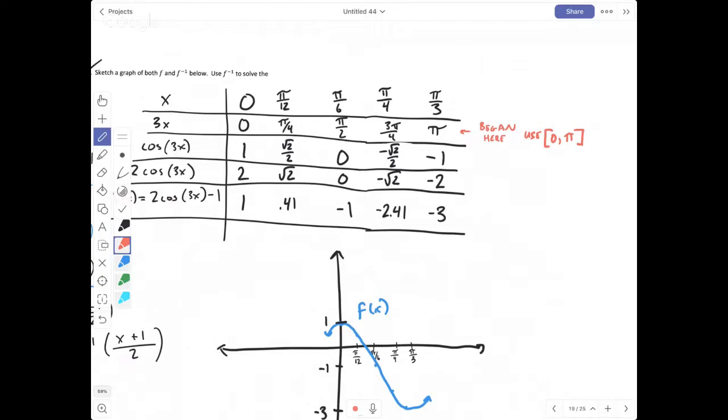So if I'm going to graph the inverse function, I'd really like to have just the invertible part. To get back to these ones, I divided by 3 because I wanted to undo the 3x to get back to x.